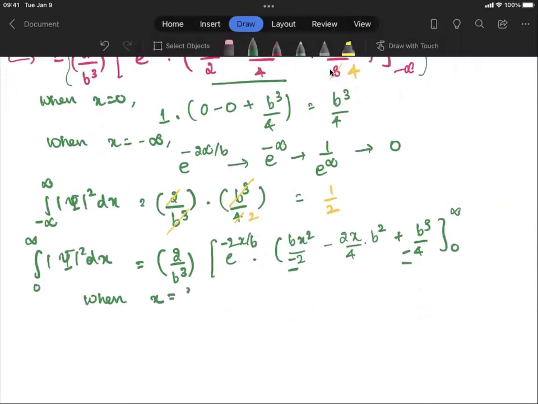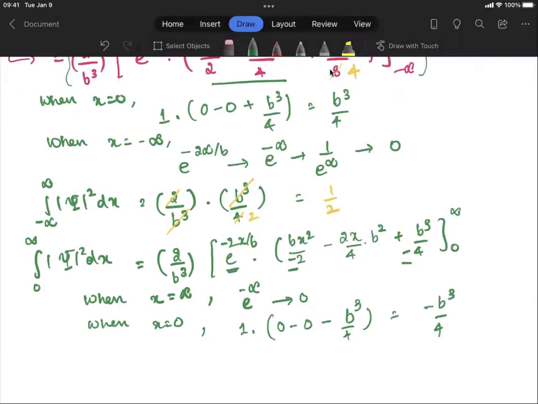Now, when x is infinity, this term here will be e to the power negative infinity, and it's going to be 0. So the integral value is going to be 0 when x is infinity. That is simple. When x is equal to 0, e to the power 0 is going to be 1, so 0 minus 0 minus b cubed over 4. So we're going to have negative b cubed over 4.